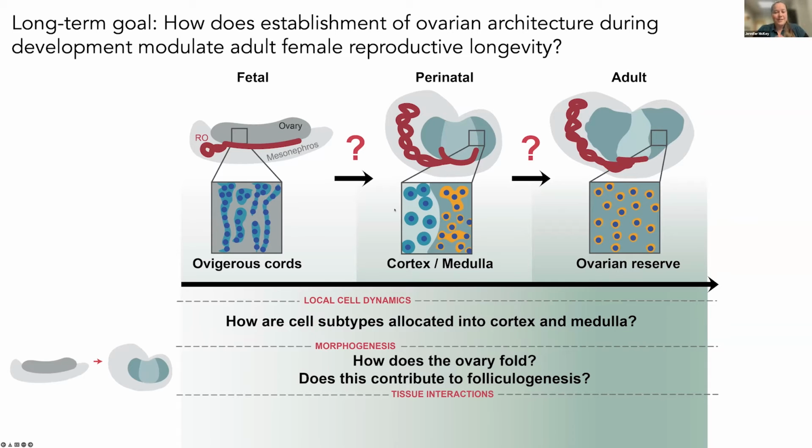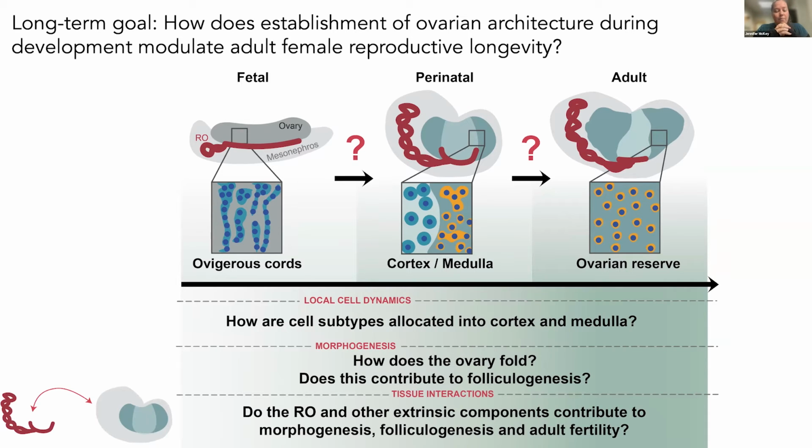As I mentioned a lot today, I'm really interested in finding out how the ovary folds and whether this is through extrinsic forces like the cranial suspensory ligament, or if instead it's through intrinsic rearrangements of the ovarian domain. And then once I figure out how the ovary folds, I really want to see if I can manipulate this event so that I can understand how folding of the ovary might contribute to this functional regionalization.